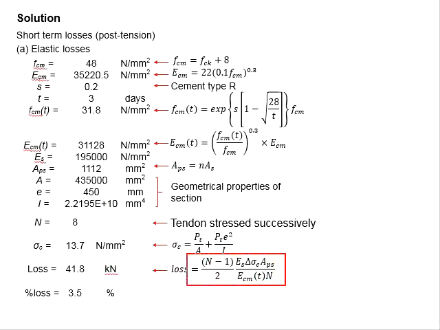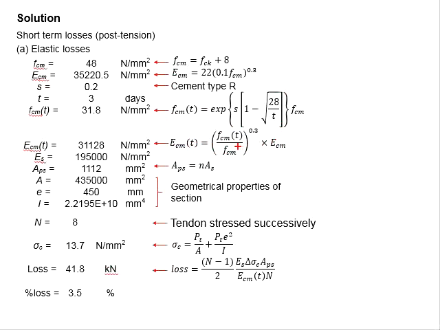Within the equation here, there are components of the steel tendon, concrete, and also geometrical properties and stresses. Let us find them one by one. First, we determine the Ecm,t here, which is given by the equation here.